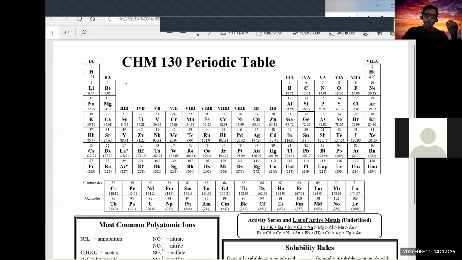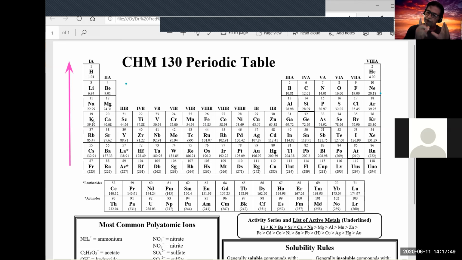Ionization energy is greater when we go up the periodic table within the group. And so if we compare lithium to, say, potassium, it's going to be a lot easier to remove an electron from potassium than from lithium.